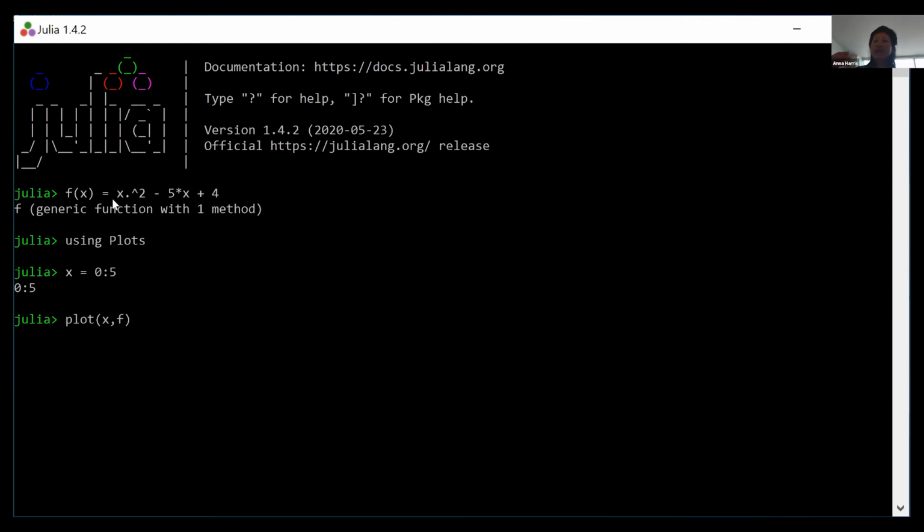Okay, so right now Julia is plotting. I'm waiting for Julia to finish plotting so I can show you what it looks like. We already know what the graph looks like, by the way, but this is what you usually do. I'm waiting for my plot to show up.